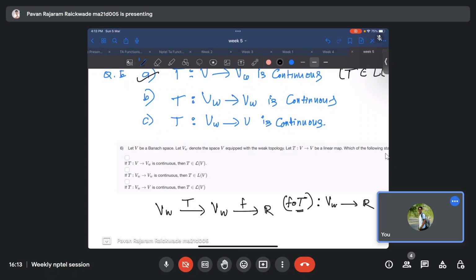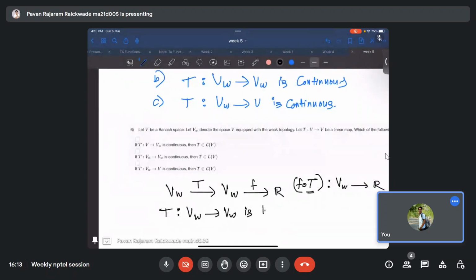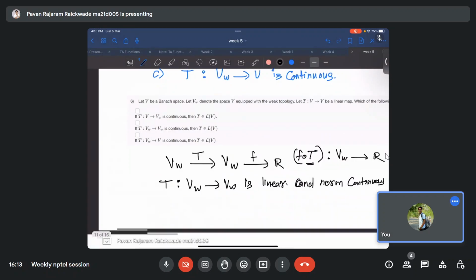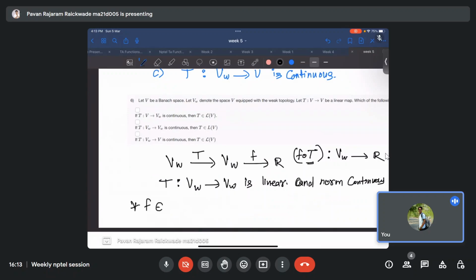See, even though V has weak topology, T is linear, right? T is linear and norm-continuous. So for every F belongs to X star, F composite T is also linear and norm-continuous.